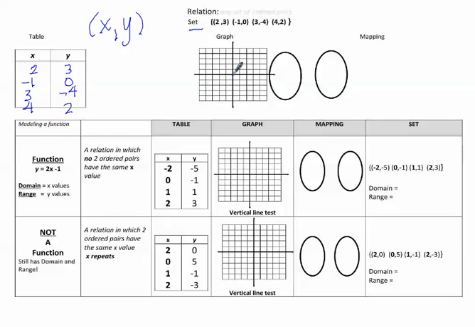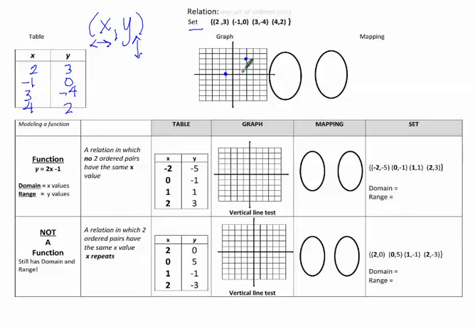For (2, 3), remember x goes right or left, your y is up or down. Right is positive, left is negative, up is positive, down is negative. So I have a +2 and a +3. I'm going to go right 2, up 3. For (-1, 0), I'm going to go left 1 and then stay there.